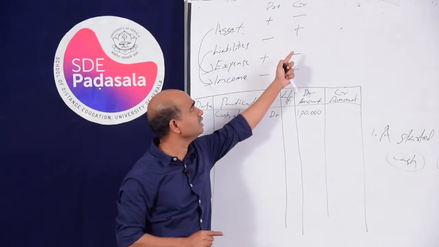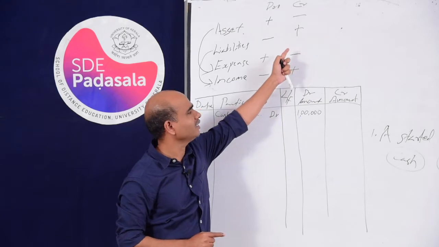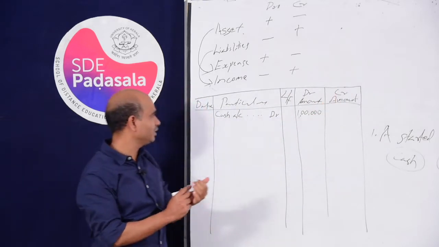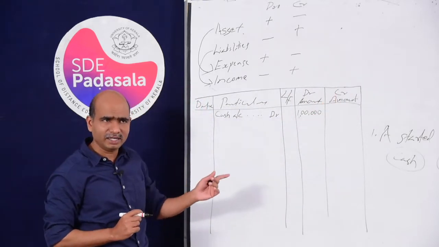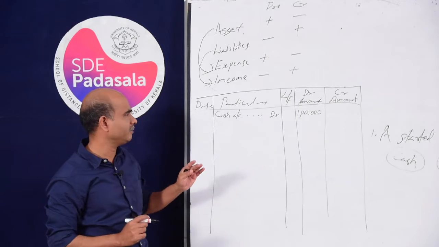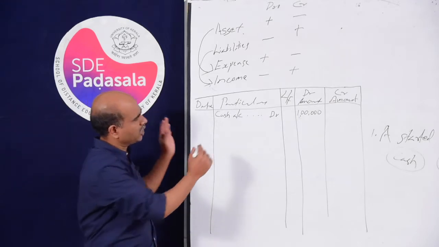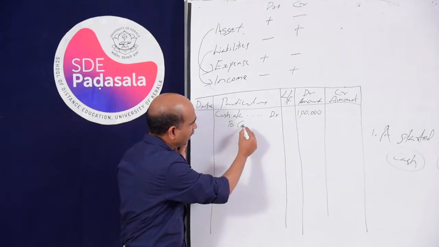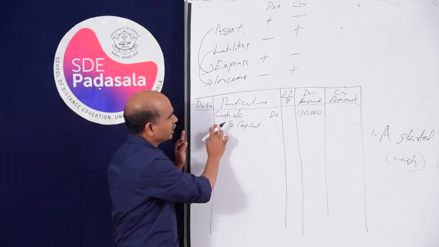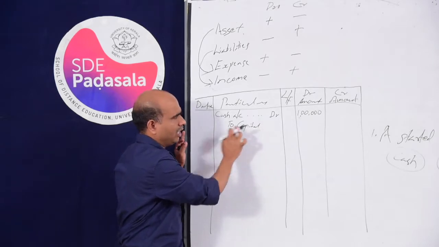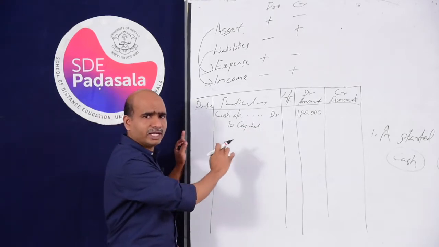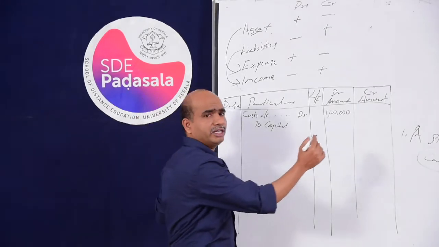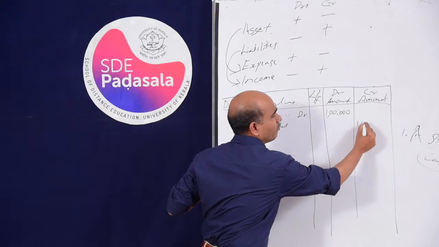When it is increased, it should be credited. Here also capital increased, so that should be credited. So, cash account debit and the capital account credit. The credit item should be started with the word To, then capital, after leaving some space. This is the way of writing debit and credit items in the journal. The amount of capital is rupees 1 lakh.